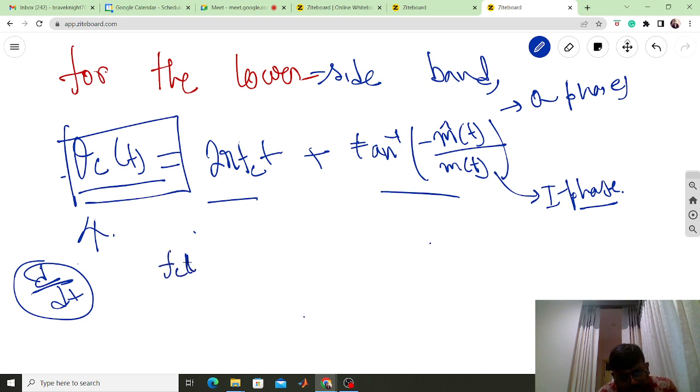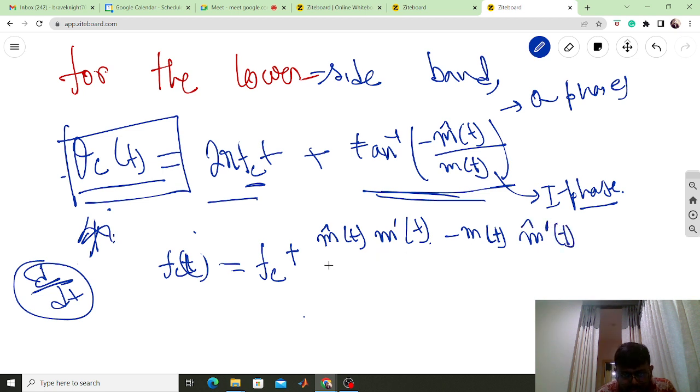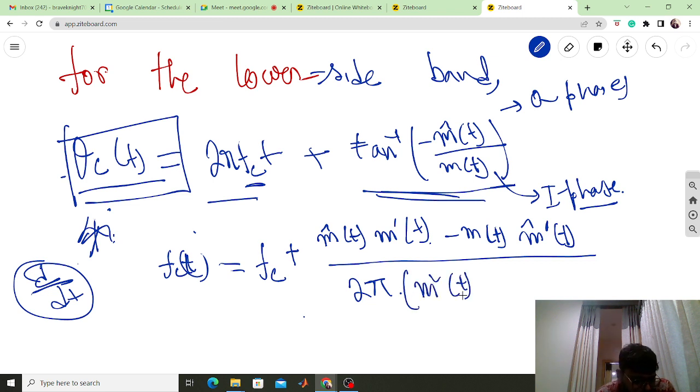Fc of t, that we get by differentiating over this theta c(t), will be the constant fc plus, if we do the differentiation over this term, it will be m hat of t m dash t minus m(t) into m hat dash of t, the first order differentiation, by 2 pi into m square t plus m hat square t.